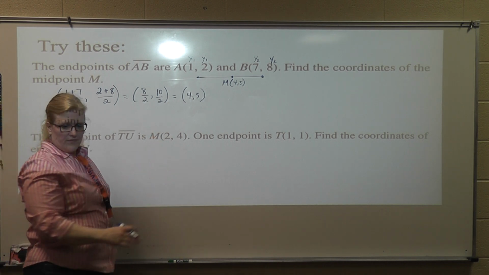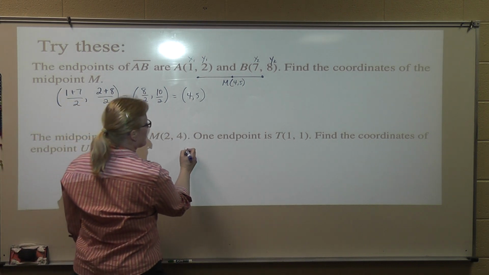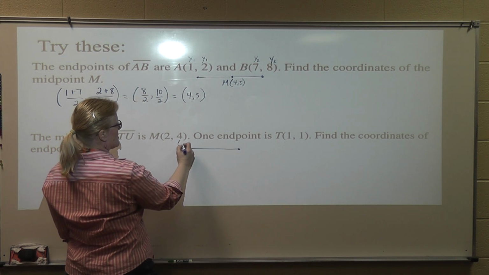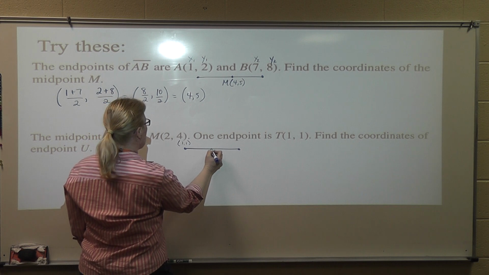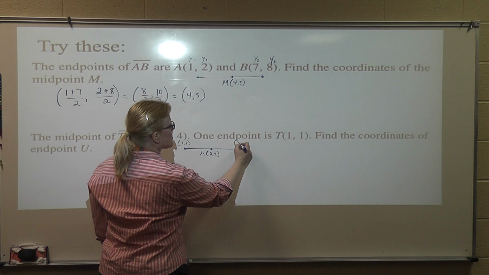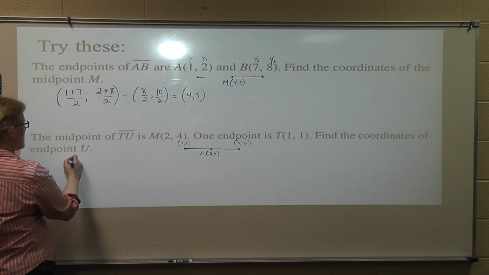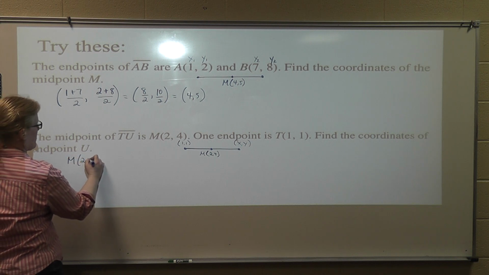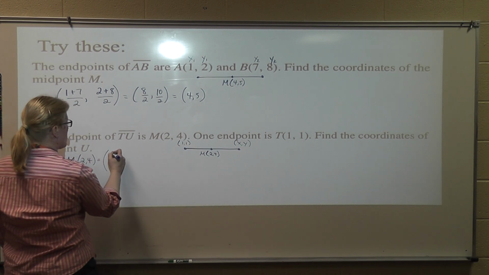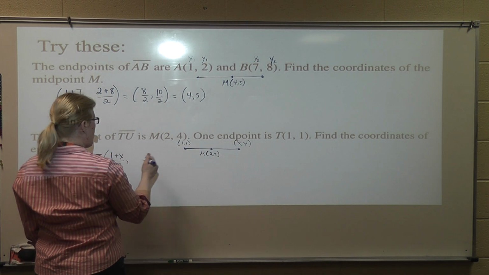Okay, this one is a little trickier, like the one before. We've got an endpoint already, let's say this is (1, 1), and I have my midpoint, which is (2, 4), and I'm looking for this x and y value. So I know that my midpoint, (2, 4), equals the average of my x values, so I need to add those together and divide by 2, and then the average of my y values.